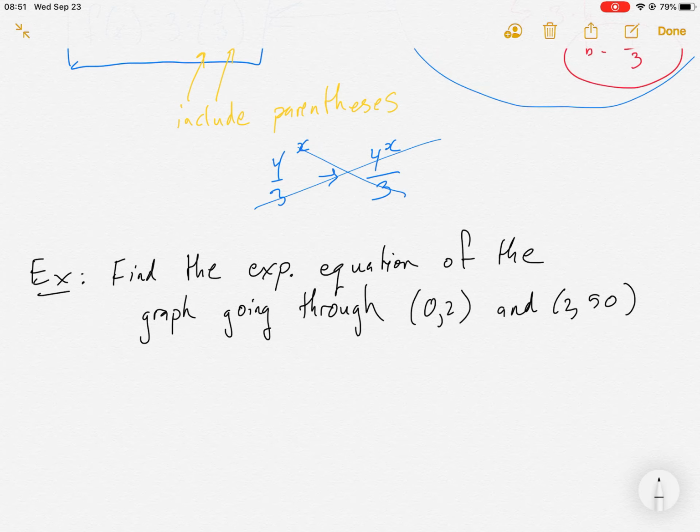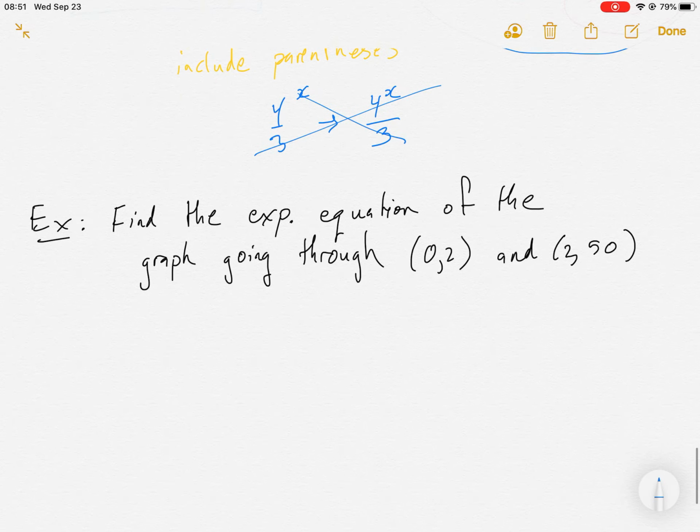So in this case, I didn't actually show you the graph, but you could sketch it if you wanted. So 0, 2, and then 2, 50. Part of the reason I didn't do this is because 50 is way off the charts. That's part of the reason I didn't give you the graph. And so the function looks something like that.